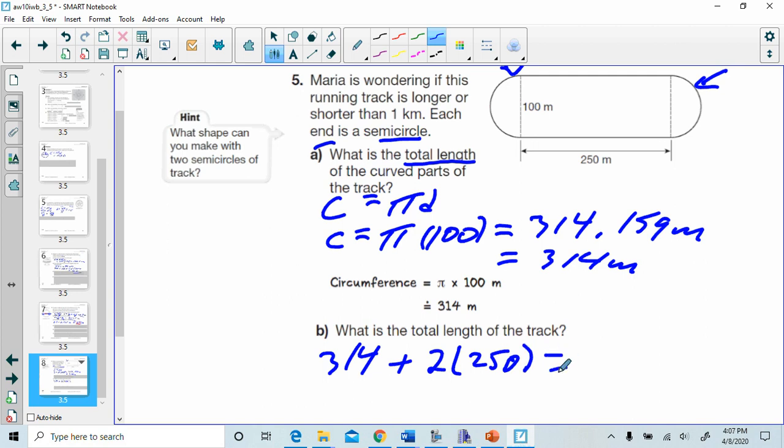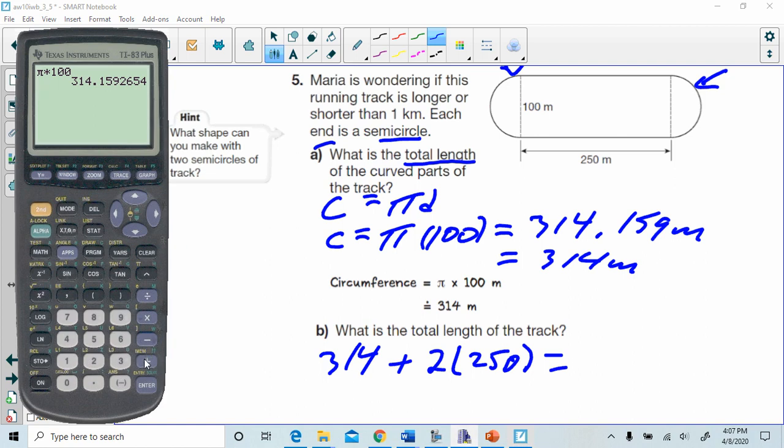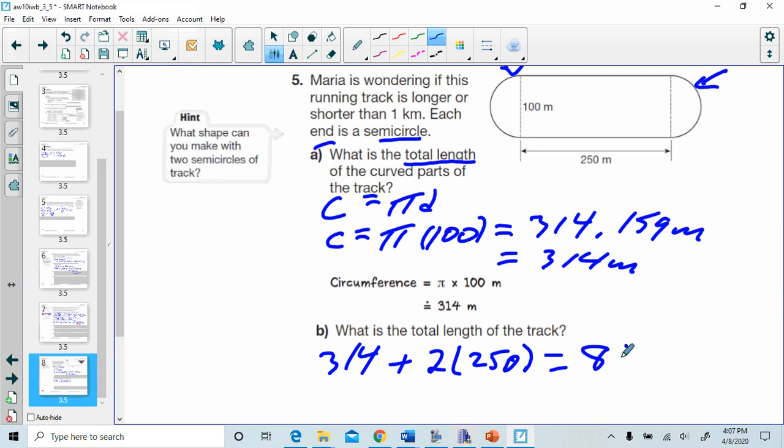This number from the previous part, plus 500, is about 814.159. And again, that's in meters.